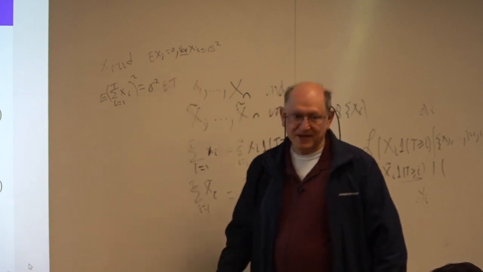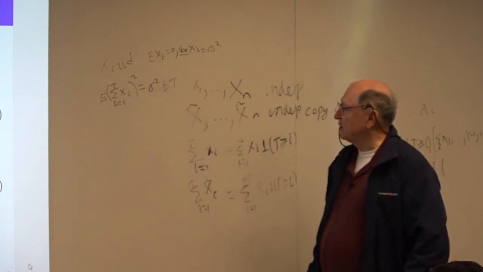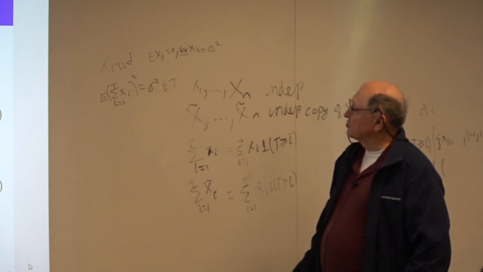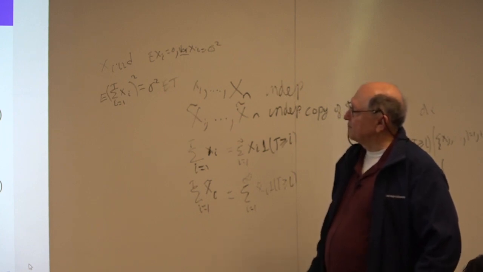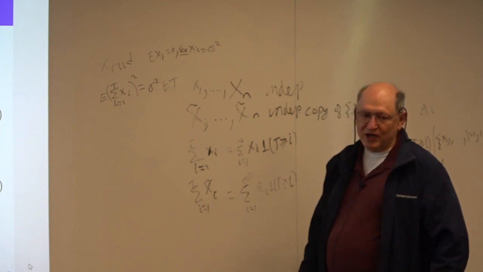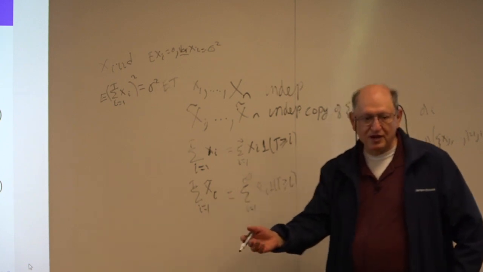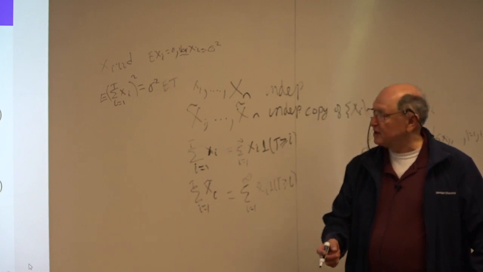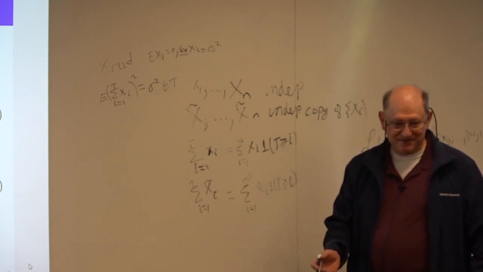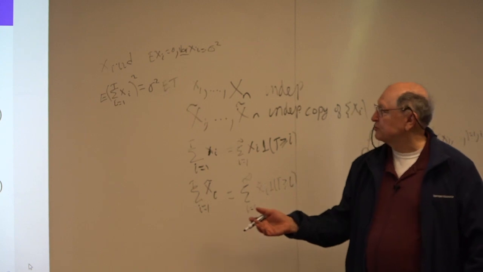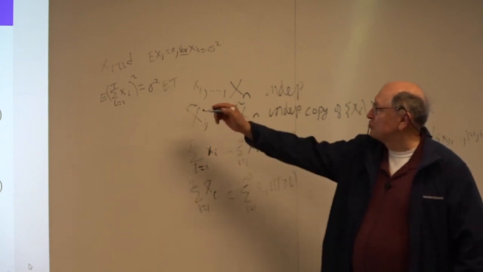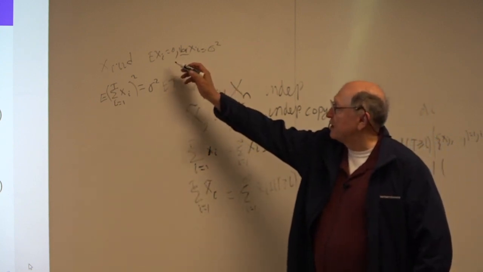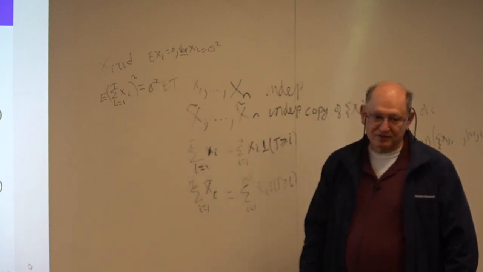Now, Govinda Rajulu, a professor who wrote a book on sequential analysis, posed the question: what can you do if the variables are not mean 0?